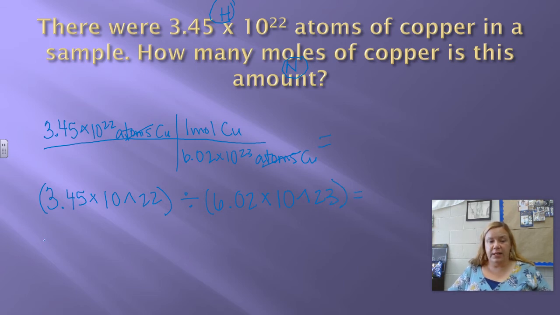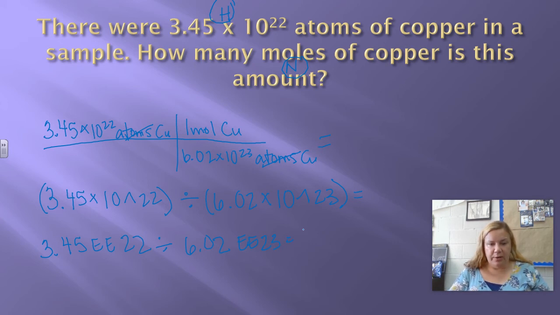Or if you wanted to use the EE, you could do 3.45 EE 22, that's the power it's raised to, divided by 6.02 EE 23. Again, if you want to try both of those out just to see what you're more comfortable with, I think that would be a good idea. So either way is fine. We're just ultimately getting to the final answer.